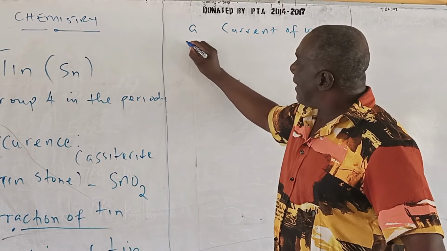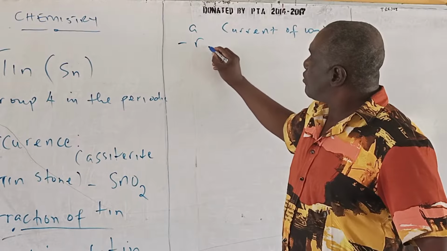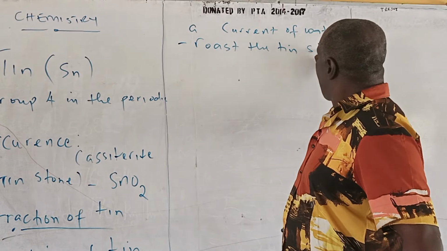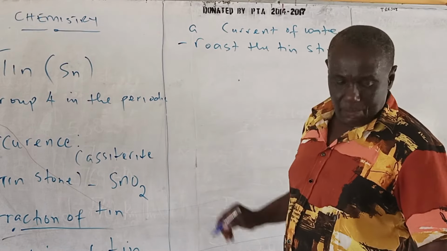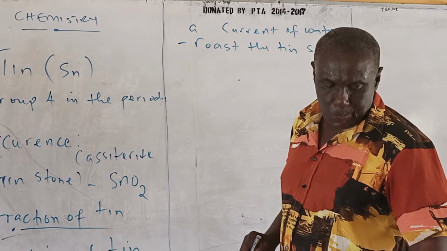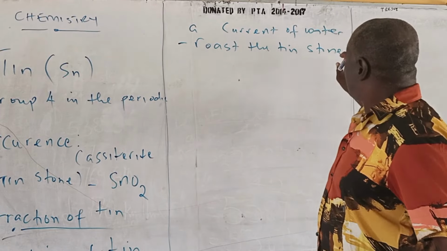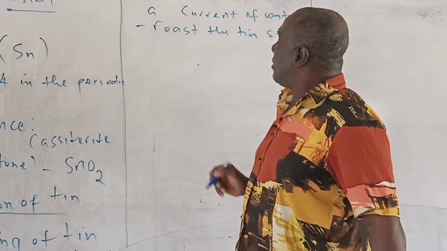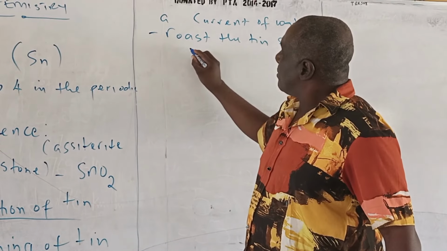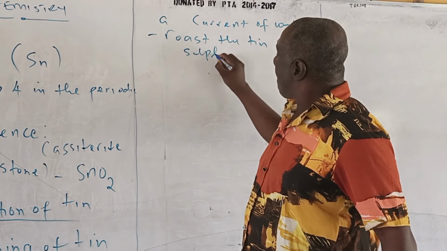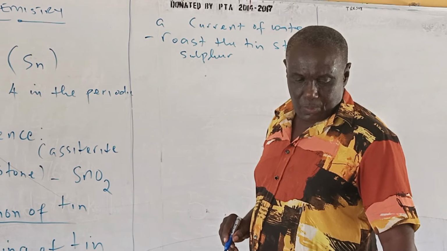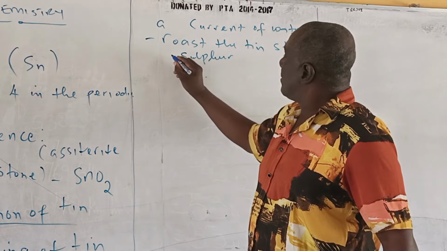Then after that, the next step is to roast the tin stone. The roasting of tin stone is to remove some impurities. One of the impurities is sulfur.